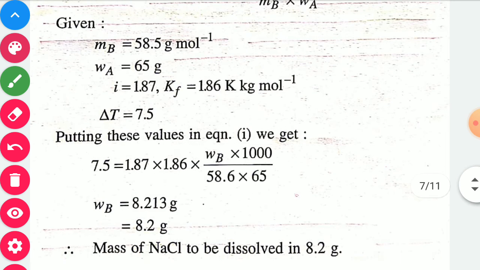So on solving, mass of solute, that is sodium chloride, is equal to 8.213 gram, which is taken as 8.2 gram. Therefore, mass of sodium chloride to be dissolved is 8.2 gram.